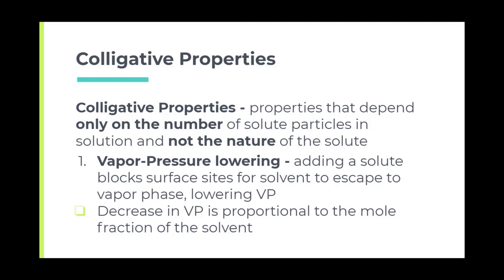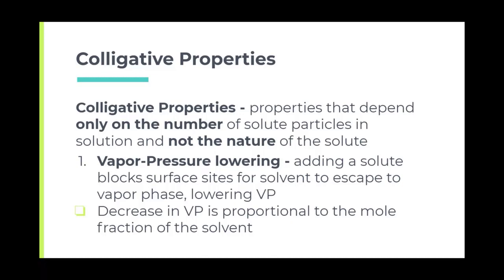So when you add a solute to a solvent, this lowers your vapor pressure, because for a solvent to escape the liquid phase into the vapor phase, it has to be able to reach the surface of the liquid. And if you have solute particles blocking those surface sites at the top of your liquid, then the solvent particles can't escape at the top of the liquid.